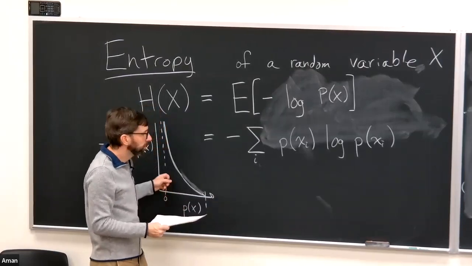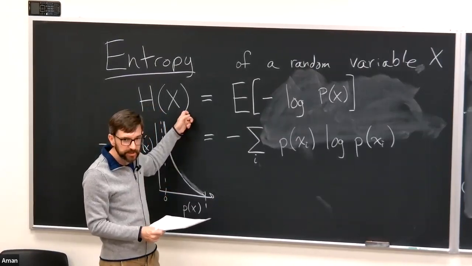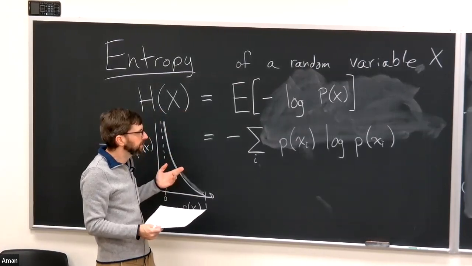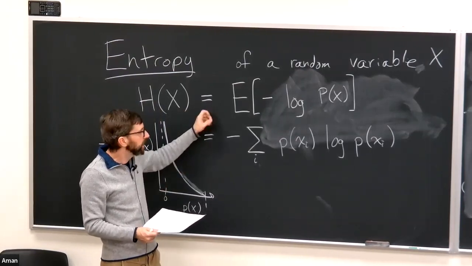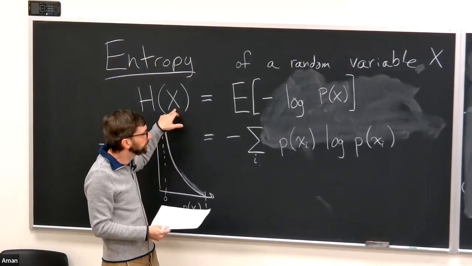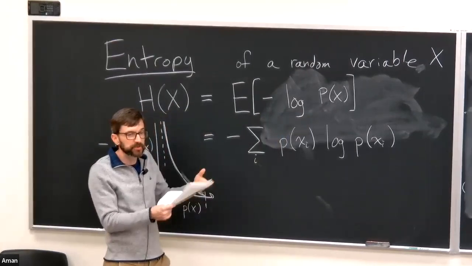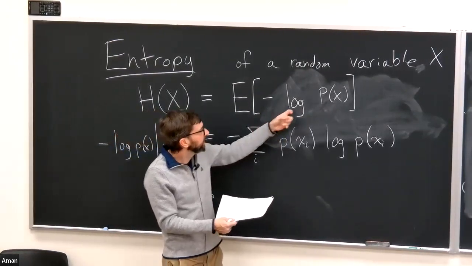Okay, and so what exactly is entropy here? What's it doing? You will often say this is the average amount of information that the random variable x is providing. So minus log of p is like the information. It's also called the surprisal sometimes, like how surprised should I be?